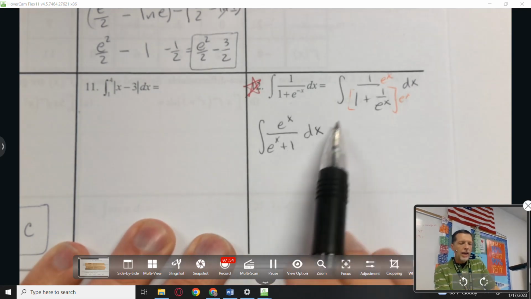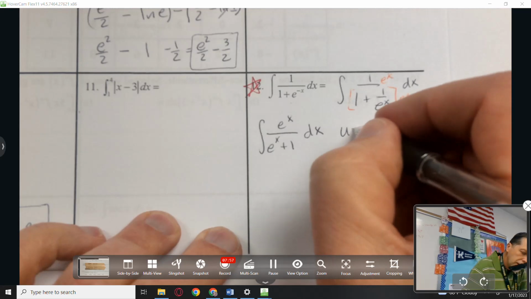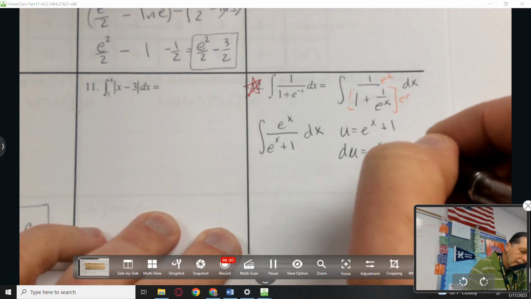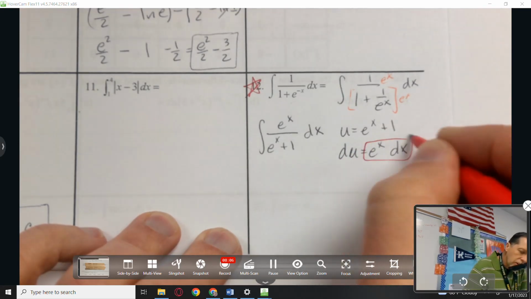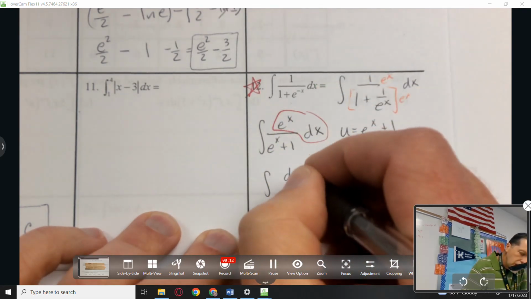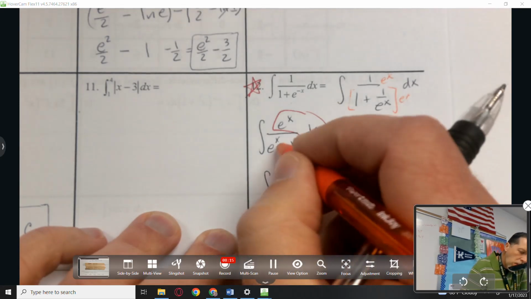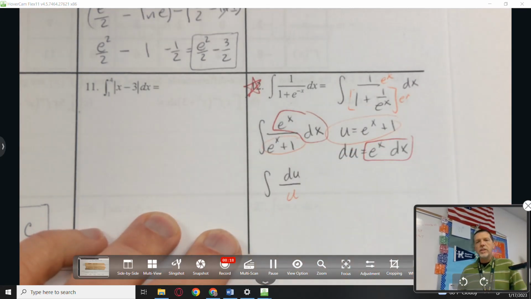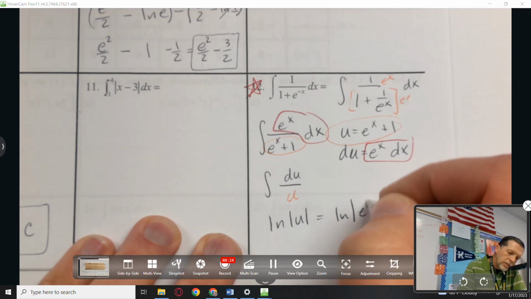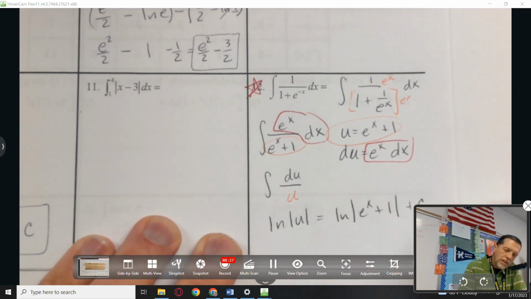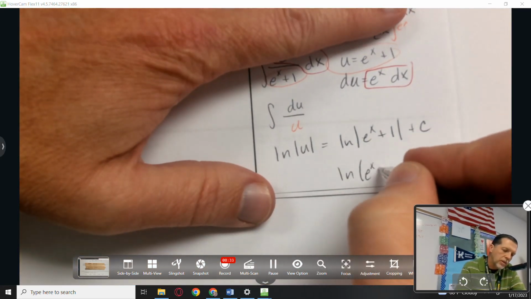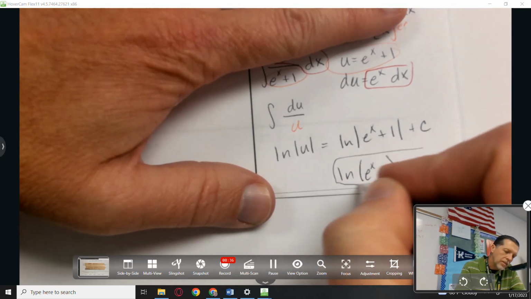But now, if I do a u substitution on the bottom, this is going to be good, because du is e to the x dx, and so there's my du, and bottom is u, and the antiderivative of du over u is natural log of u, or e to the x plus 1 is u, plus c. Once again, e to the x is always positive, so they might drop the absolute value bars for this one, because the argument is always positive.